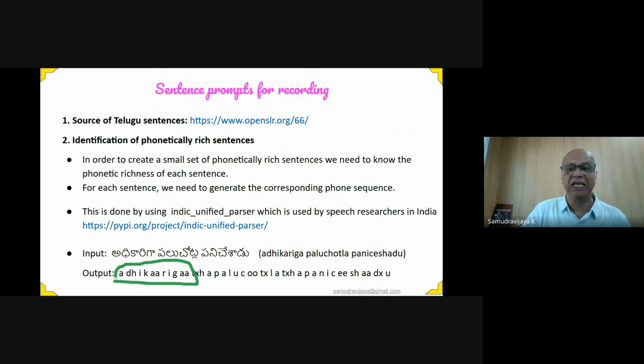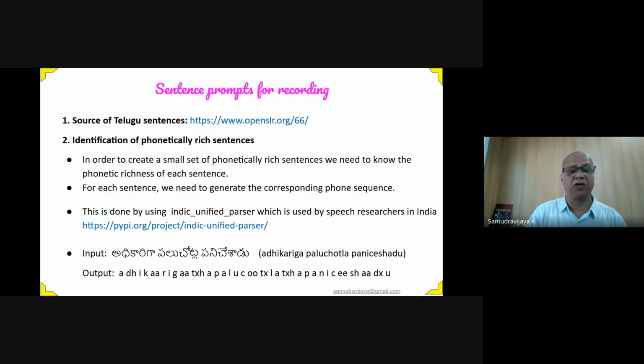Adhi has 3 sounds. One is A, then Dha, and then E. Adhi is a sequence of 3 sounds: A followed by Dha followed by E. Similarly, Ka is K, A, Riga is R, I, Ga is G, and A. These symbols are designed so that they cover most of the sounds spoken in Indian languages.